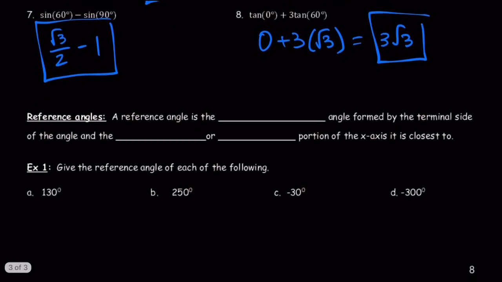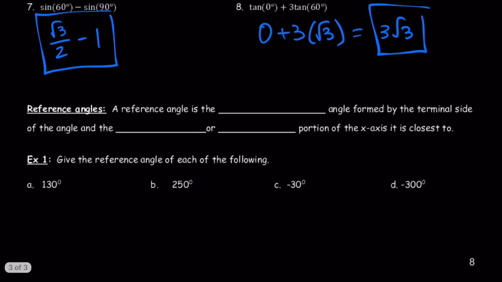Okay, so now we're going to talk about reference angles. A reference angle is the positive acute angle formed by the terminal side and the positive or negative portion of the x-axis it's closest to.